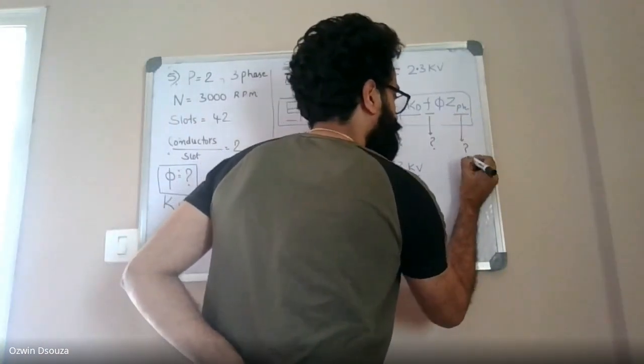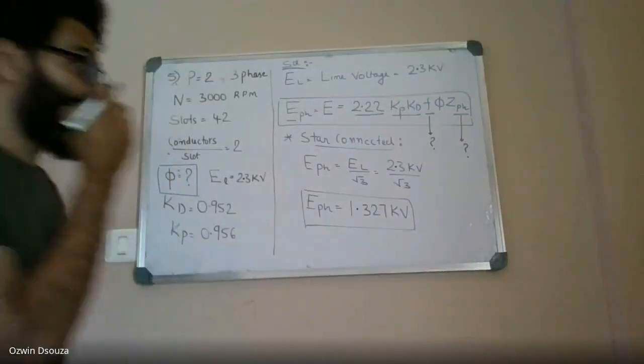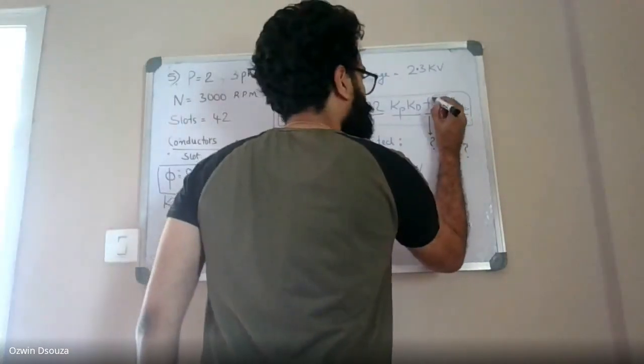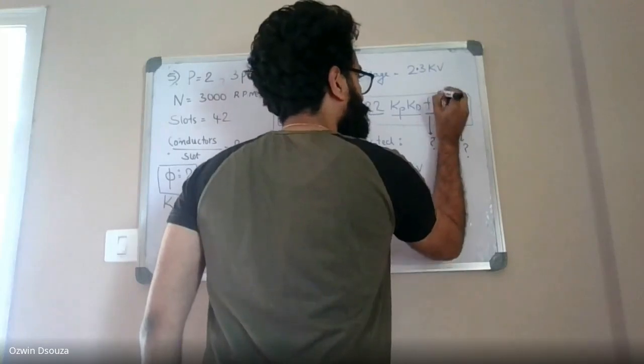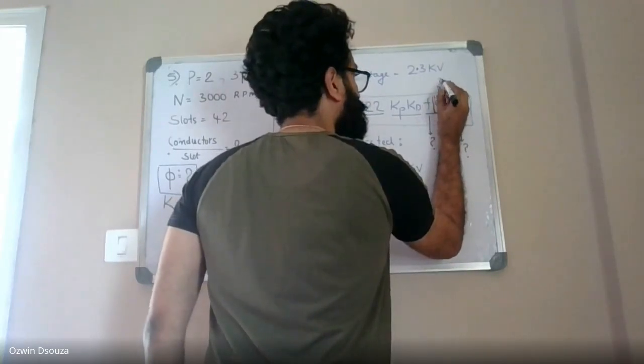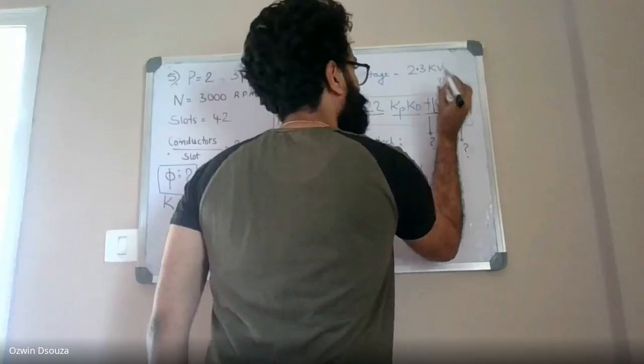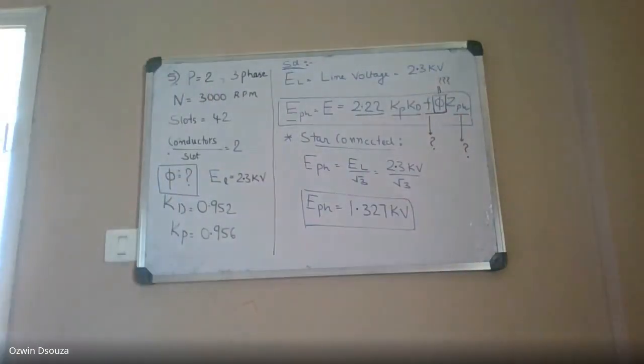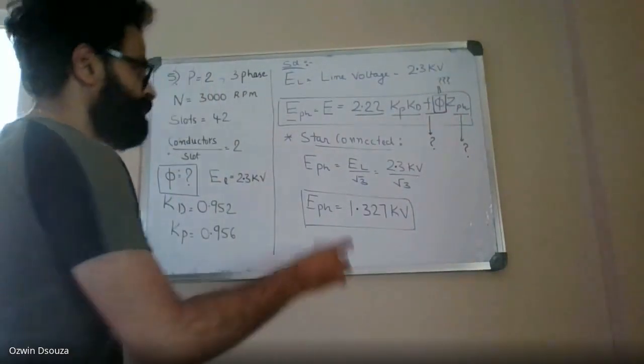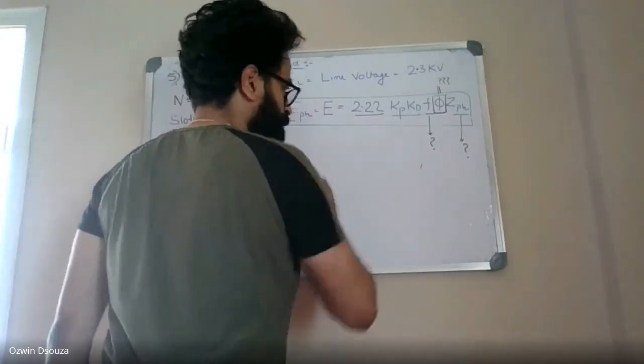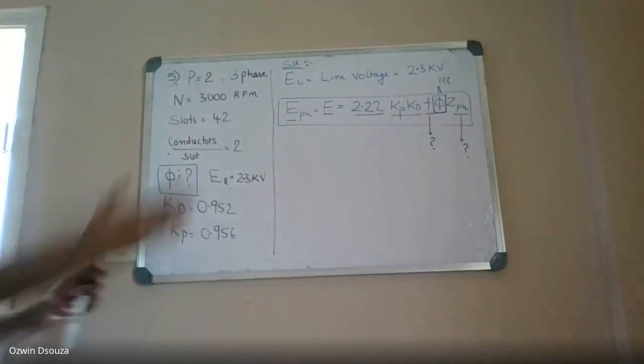Similarly, Z phase also you can find out. So the only unknown is the flux, the unknown value of flux that needs to be found. All right. So let's see how to find out flux. You have to basically rearrange the equation.